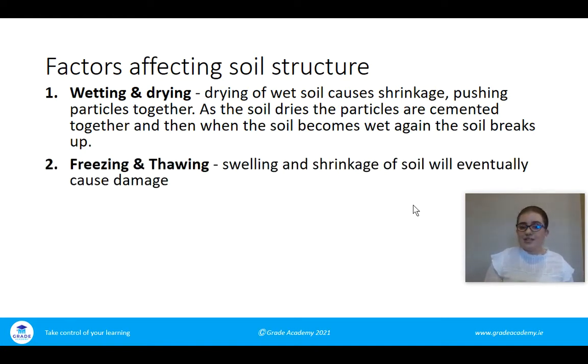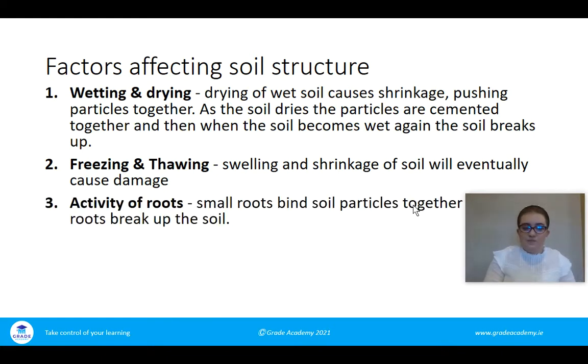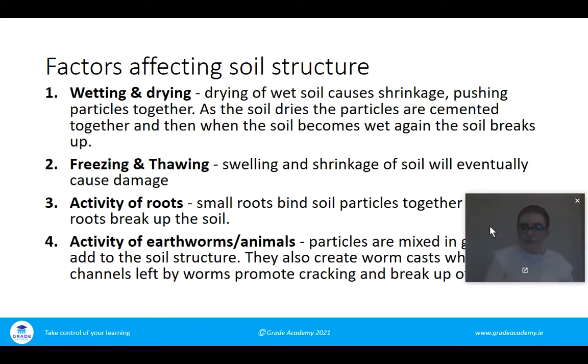Freezing and thawing, so again, swelling and shrinking of soil and rock will cause damage and over time cause issues for the soil. Activity of the roots. Roots are really important to bind the soil together, but they'll also break up the soil, because you don't want large clumps of soil, as then nutrients can't be accessed. But the small roots will break up a certain degree of the soil.